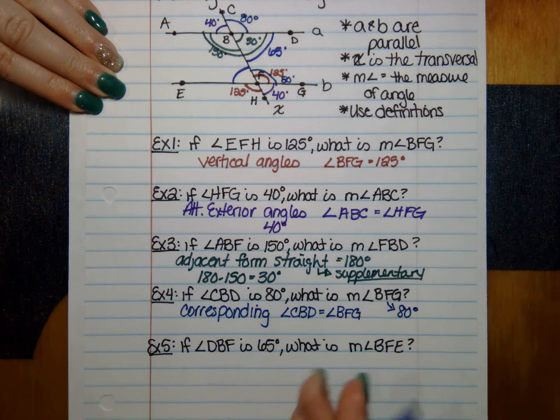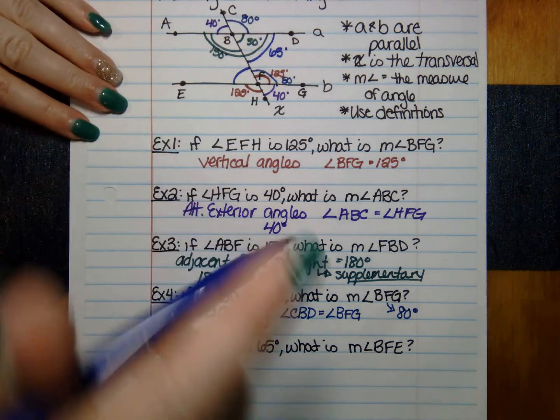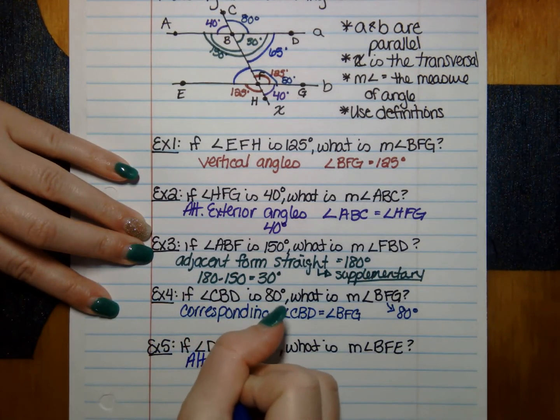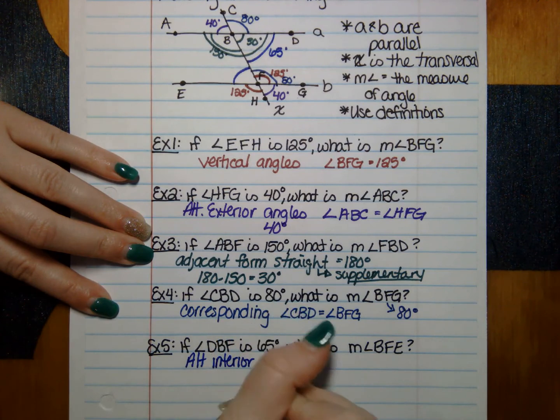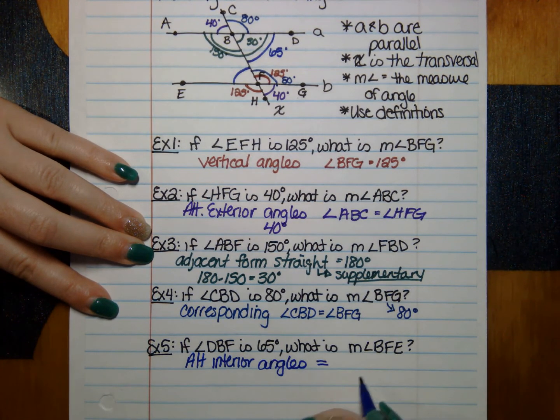Since they are both inside of the parallel lines, we know that they're interior. Since they're on opposite or alternate sides of the transversal, one is top right, the other is bottom left, we know that they are alternate interior angles, which means that they are going to have equal measures as well.